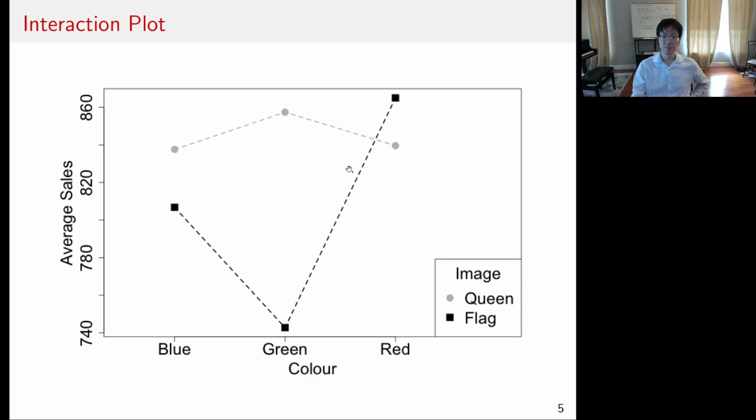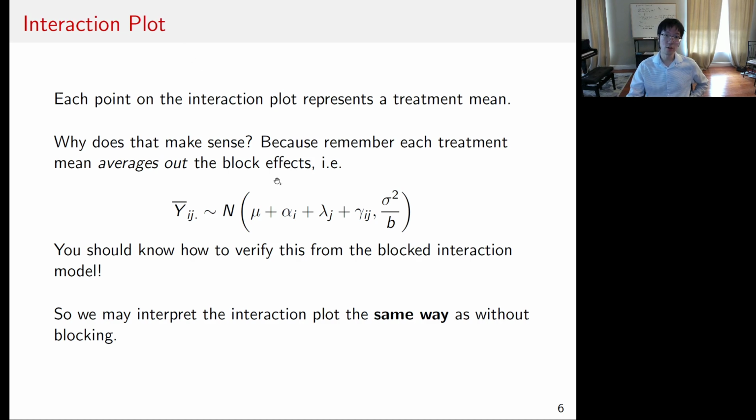Now, in this case, these means are treatment means, but instead of replicates, they're blocks. So in fact, each mean represents an average over blocks. And so, if we work out the math of the normal distributions for this case, we find that the treatment mean does not include any block effects, because the block effects actually sum to 0.